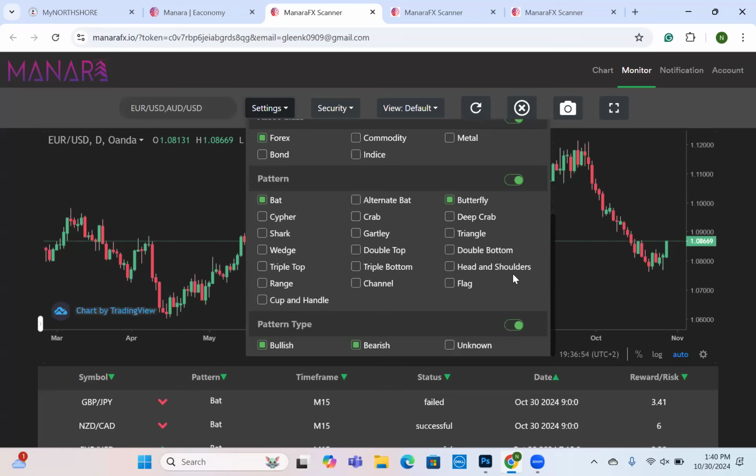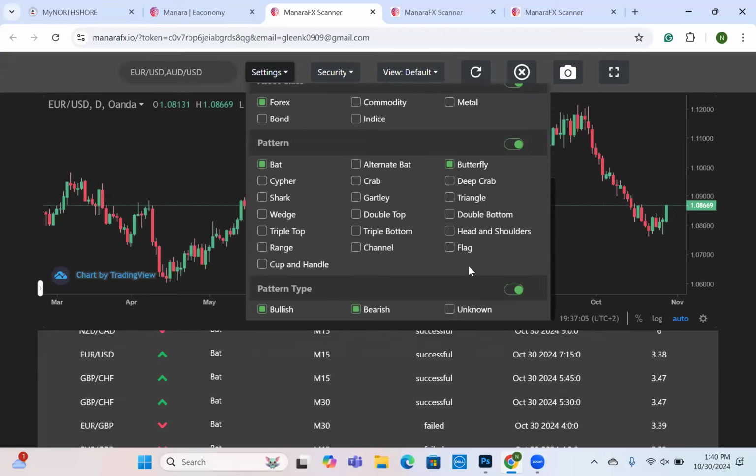But then we discovered that bat and butterfly give the best, the accurate best results.